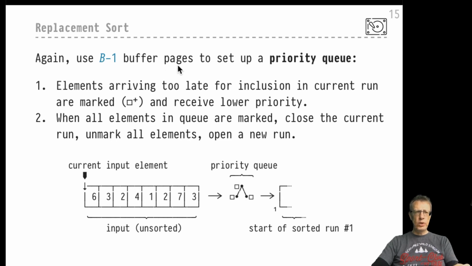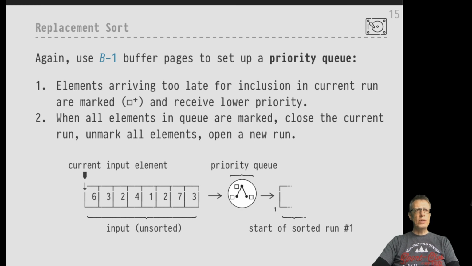But since we are in pass 0, there will not be multiple runs contributing to this priority queue, but only the unsorted input, the single heap file for table T. This will be the single input that is relevant in this particular pass of the algorithm. Okay, so we will operate a priority queue as we have already seen it in the previous video.